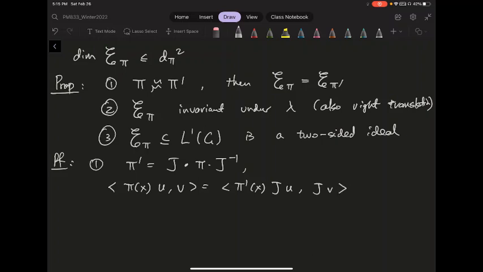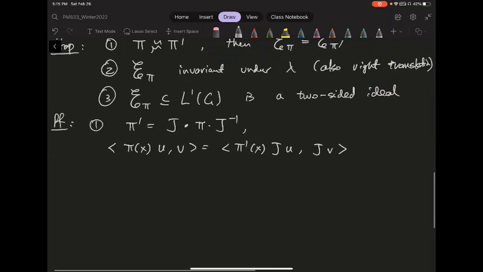And this J u and J v can basically be any vector inside the H of pi prime. So if you test pi on this u, v vector, it's the same as you test pi prime on the J of u and J of v. Okay, so clearly they will give you the same space, E pi and E pi prime.